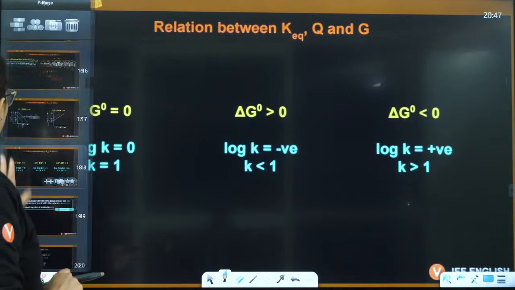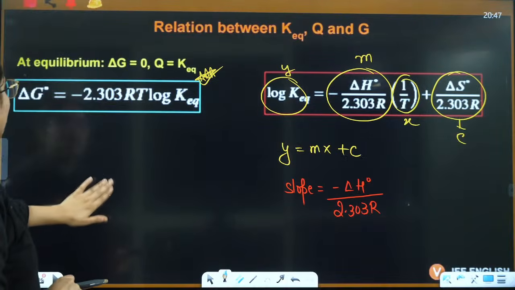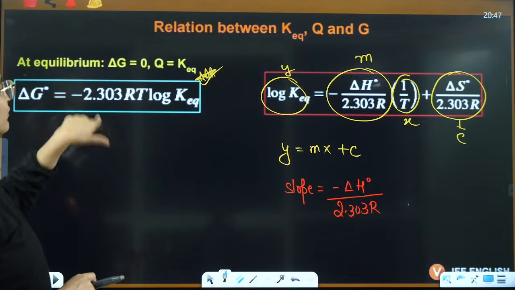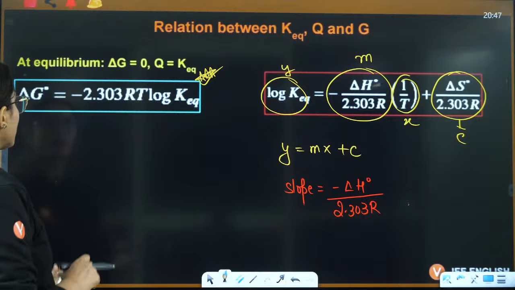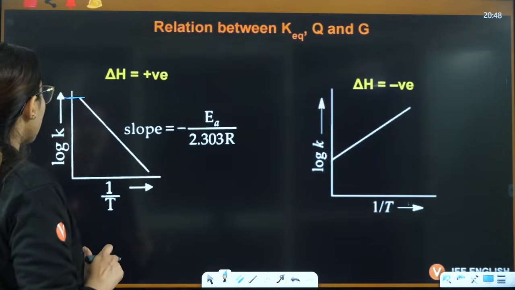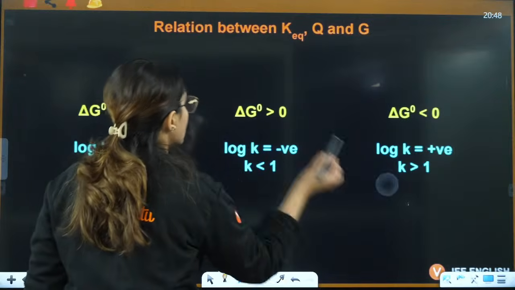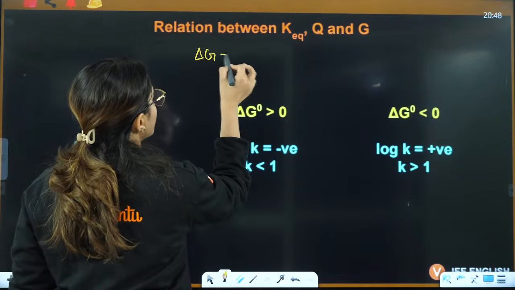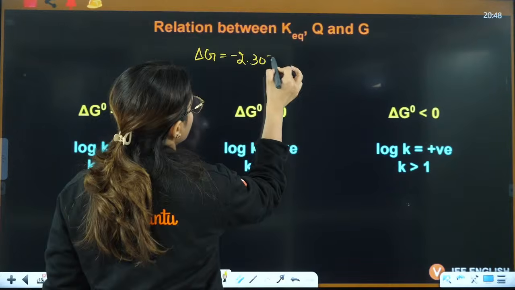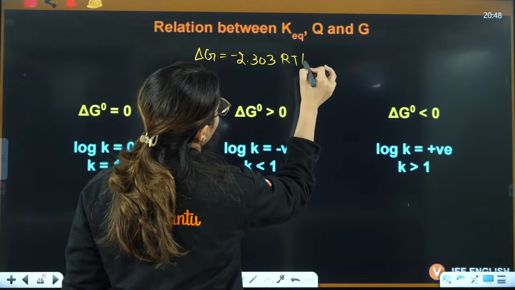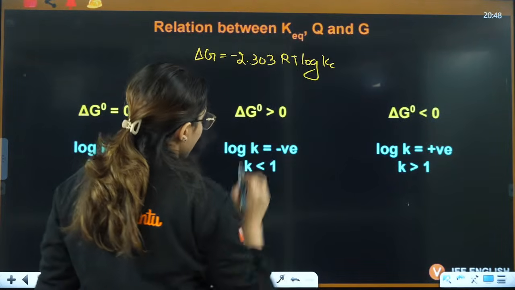Now from this equation as well, you have delta G is equals to minus 2.303 RT log of this. We can see delta G and K equilibrium, how they are. Delta G is equals to minus 2.303 RT log of Kc, right?